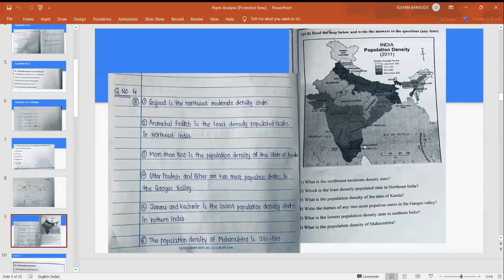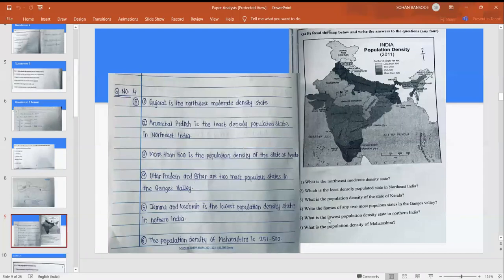So whenever it is asked for the densely populated state in India, you can blindly go for Uttar Pradesh. Next, the neighboring state is Bihar. So the answer would be Uttar Pradesh and Bihar are the two most populous states in the Ganges Valley.